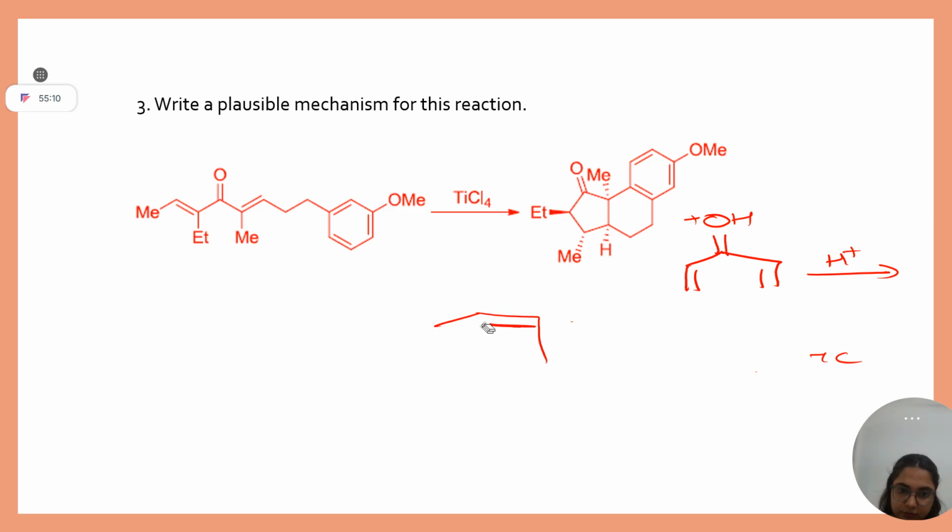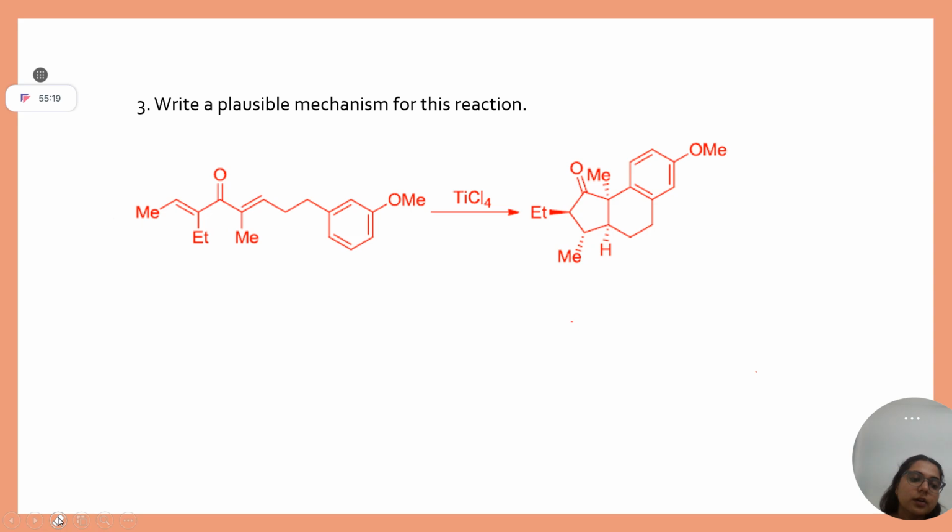TiCl4 is your Lewis acid. It will coordinate to your carbonyl and it will form your cyclopentadienyl intermediate. Let me redraw for you.